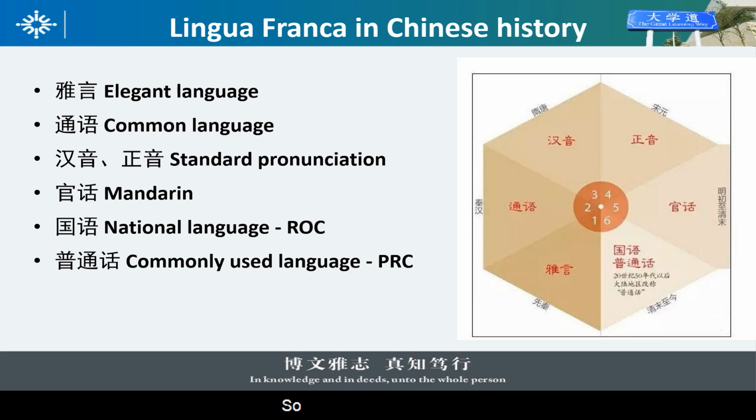So we can say that before the Yuan dynasty, Beijing was not the capital of the central government, it had never been. So using the Beijing dialect as the basis of the lingua franca only started with the Yuan dynasty and continued through the Ming and Qing dynasties till today.